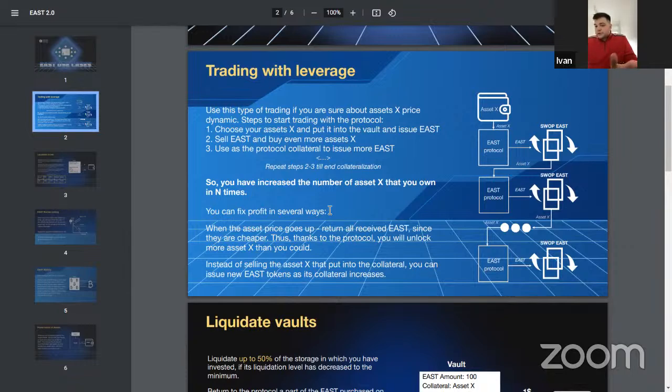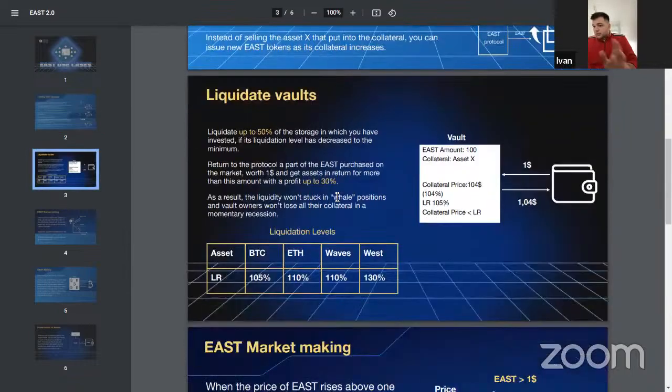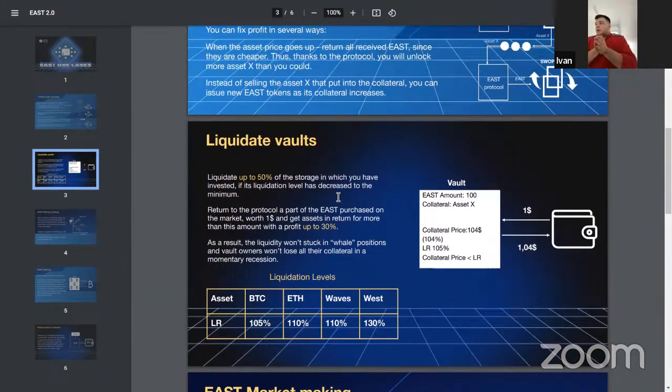The next interesting use case for ETH is liquidation vaults. You can earn on this protocol by liquidating vaults that have bad debt. All assets have a liquidation rate: for Bitcoin it is 105%, for Ethereum 110%, for Waves also 110%, and for West 130%.